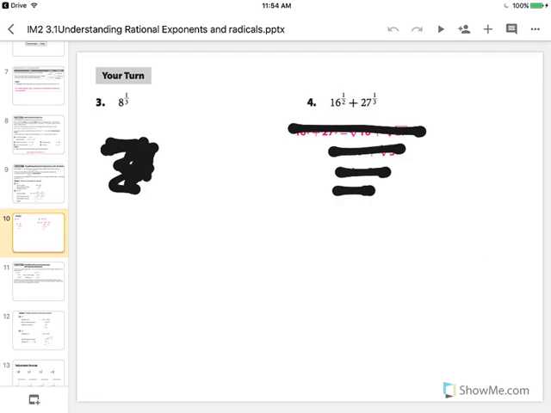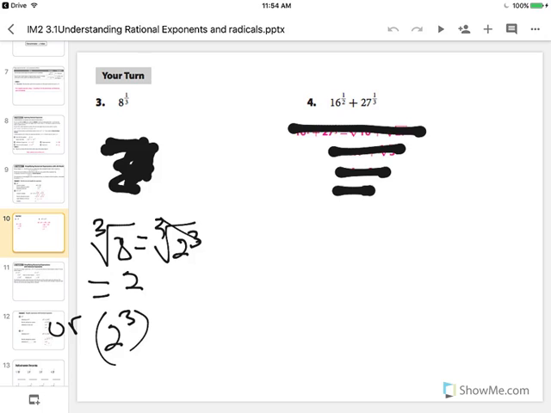Okay, so can everyone try these two out? You can solve it using the square root or using the exponent.